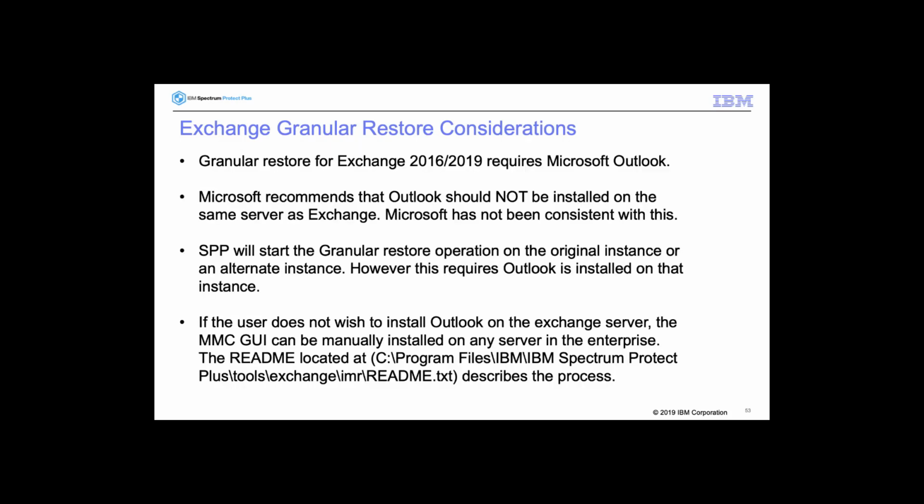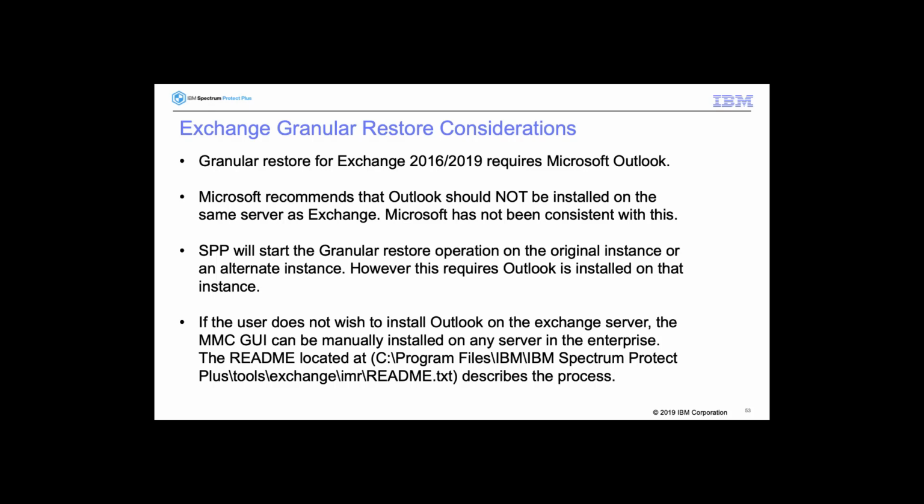Now, just a few considerations for doing individual message restore on Exchange servers. You do have to install as a prerequisite Microsoft Outlook on the Exchange server 2016 or 2019 to support granular restores. Microsoft has kind of gone back and forth on whether there is the recommendation to install Outlook on their Exchange servers.